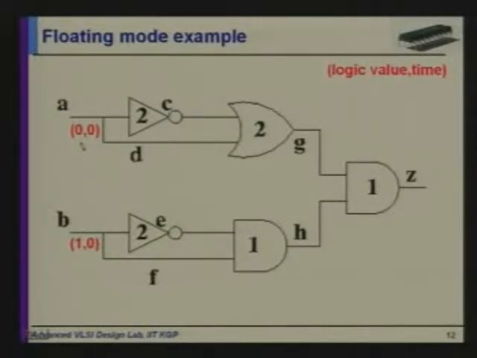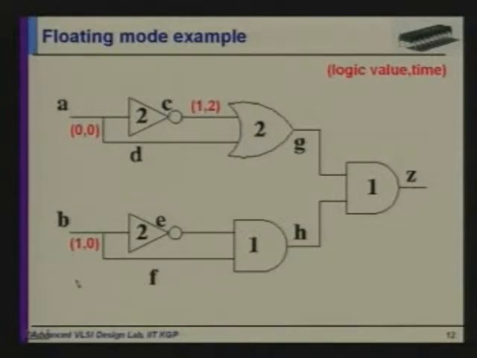The first is the logic value, the second is the time. Similarly, node B stabilized to 1 at time t equal to 0. Now we want to compute the delay. Basically, this is called timing simulation, because I have the input vector and I'm simulating over the circuit using this approach.